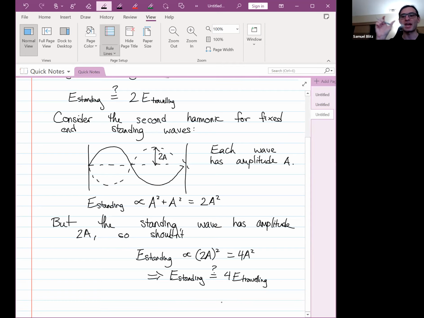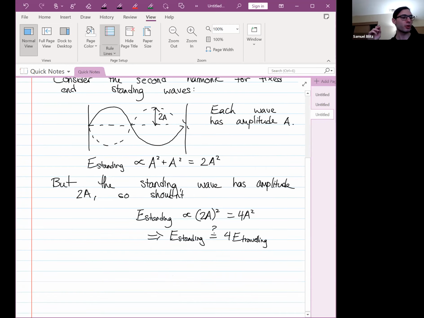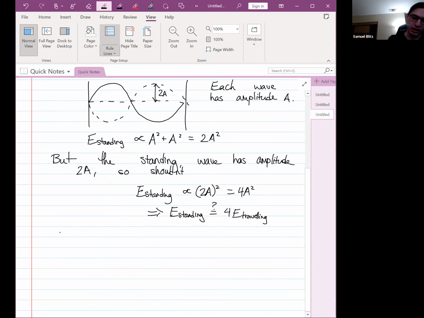And then we just add up the energies of all of the particles, and each of those particles has amplitude A. But the important point here is that, unlike a normal wave, in a standing wave each particle does not travel the same distance. When I say particle, I mean the constituent of the medium that moves, or the sound that oscillates, whatever. It's just the thing that does the waving.